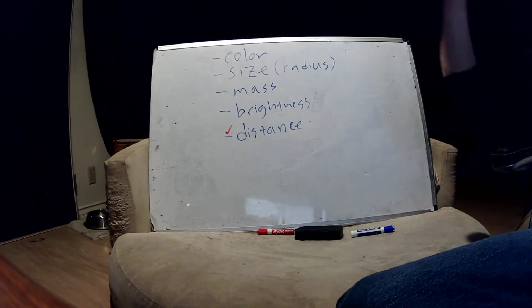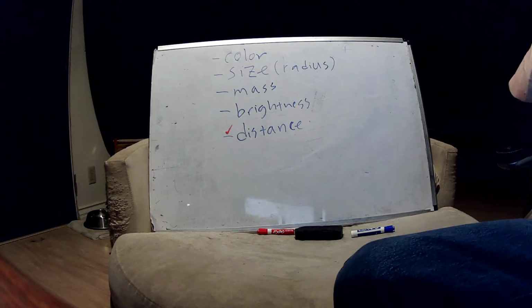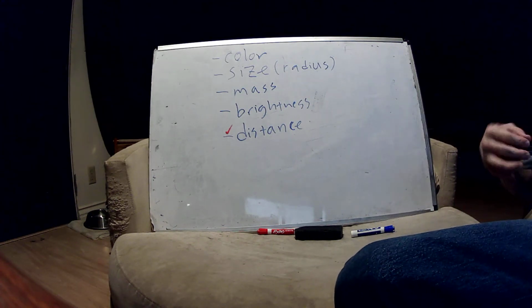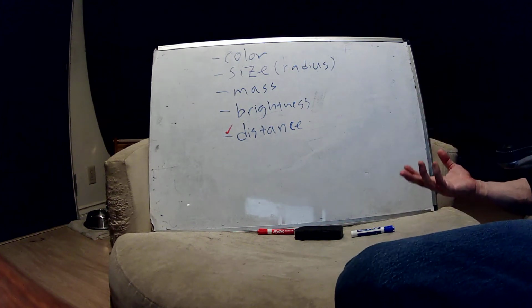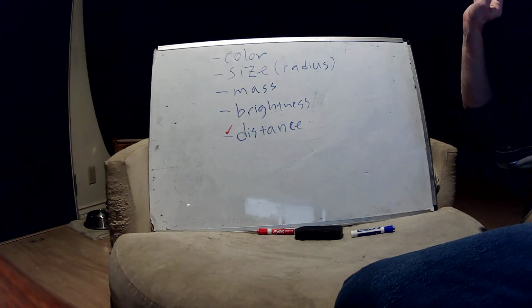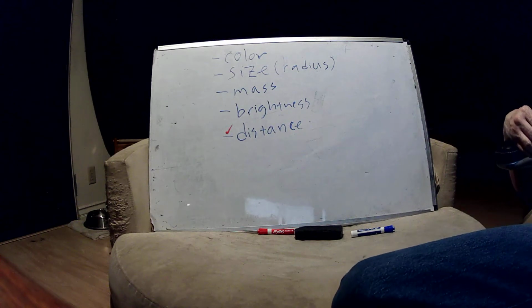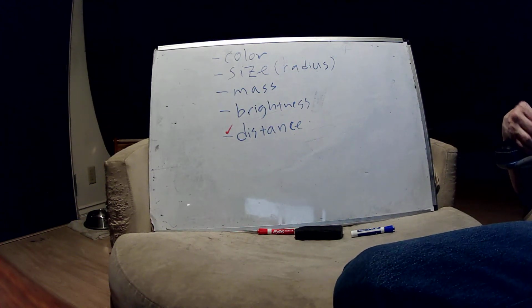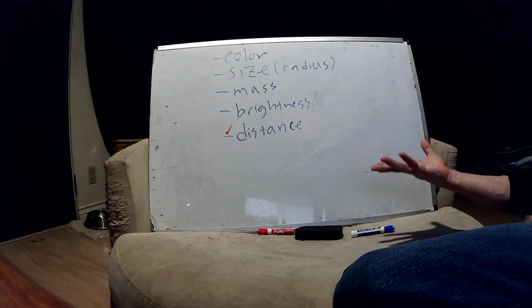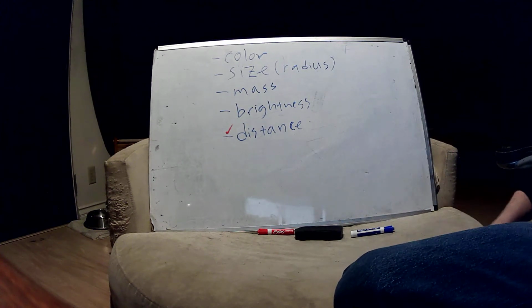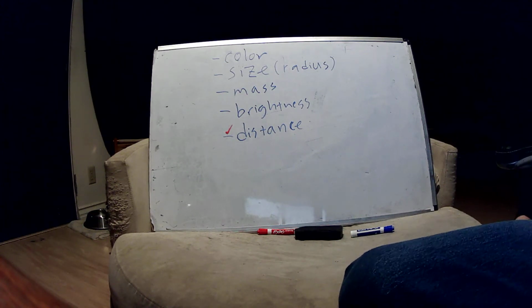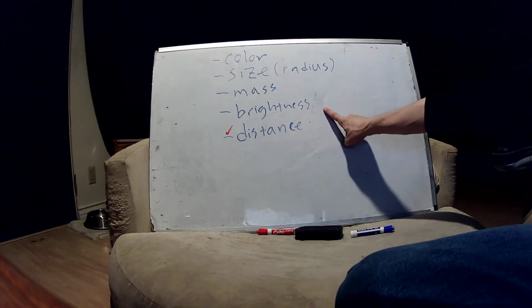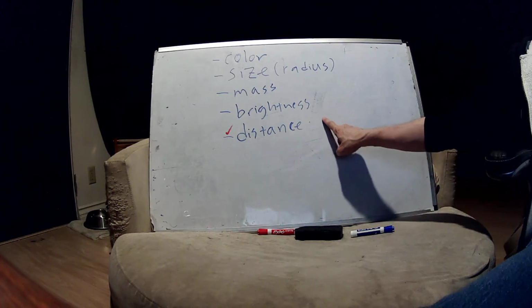Like if you look up the road and you see a telephone pole or a radio tower or a building that you recognize, and there's a couple of lights next to it, you can probably puzzle out that they're headlights that belong to a car, right? If you know how bright something appears to be, and you compare it to its distance, you can figure out the actual intrinsic brightness of an object.